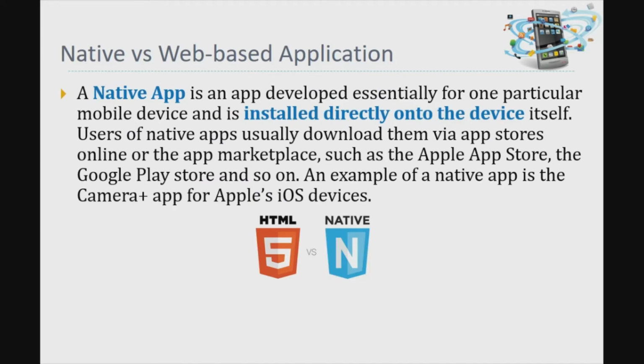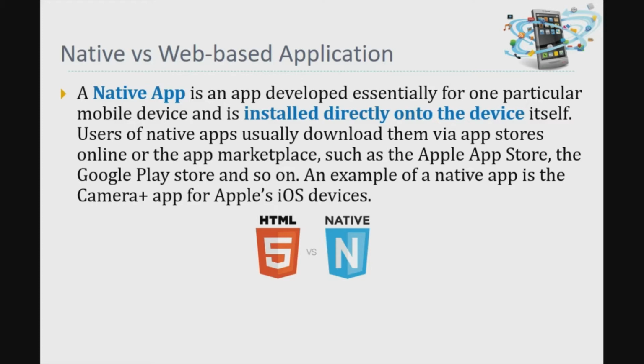Okay. A native application is an application developed essentially for one particular mobile device and is installed directly to your device. Users of a native application usually download them from the Play Store and install to the mobile device. So Play Store refers to the Apple App Store, Google Play Store, or any marketplace.